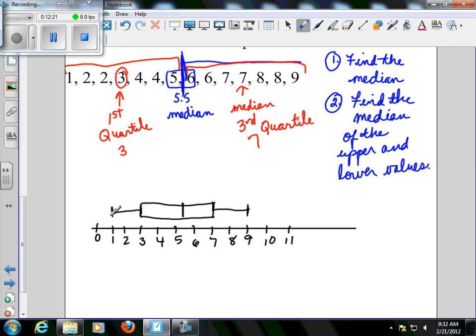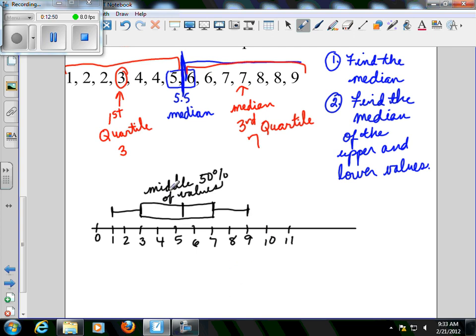That tells us our data extends from 1 to 9, where the box is our middle 50% of the values. So you can tell that half of your data falls between 3 and 7. You can see where it seems to be clustering.